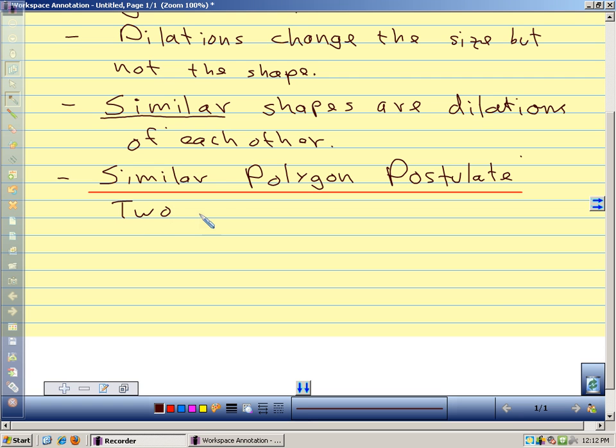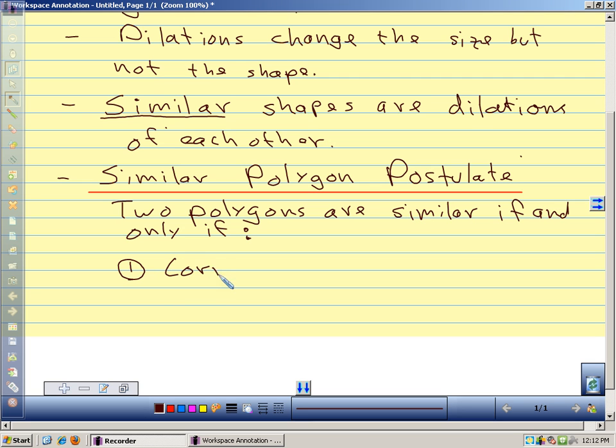So two polygons are similar if and only if we have two things that need to be true. The first, corresponding angles have to be congruent.